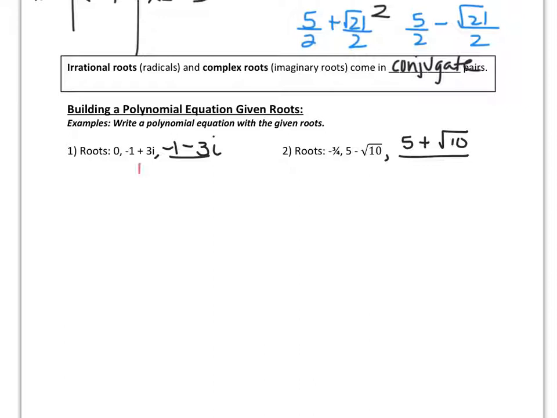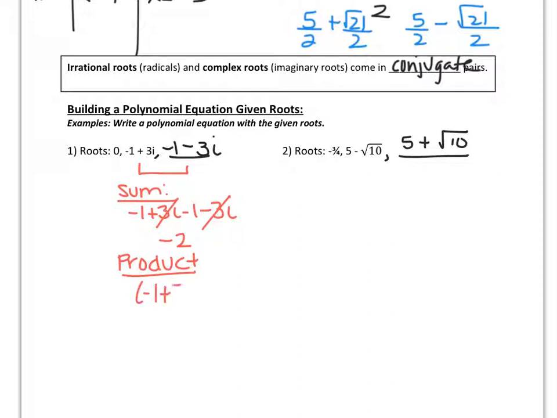So I'm going to look at these two, and I'm going to find their sum. Okay, and I notice that the 3i and the negative 3i cancel, so my sum is negative 2. Then I'm going to find their product. Negative 1 plus 3i and negative 1 minus 3i, and we're going to begin our double distributing.